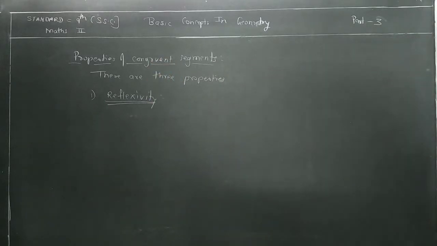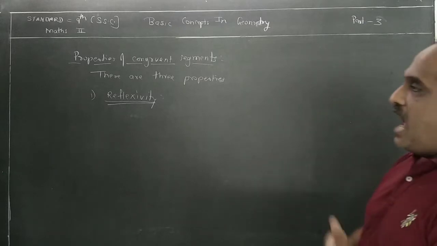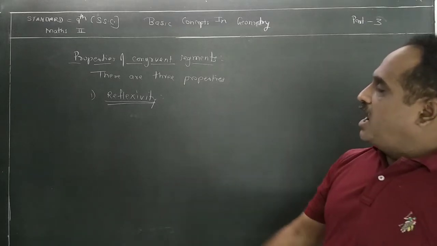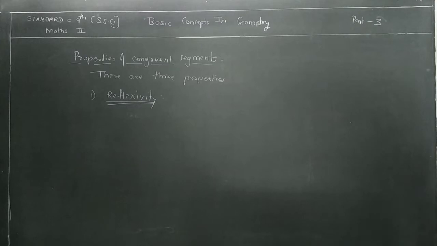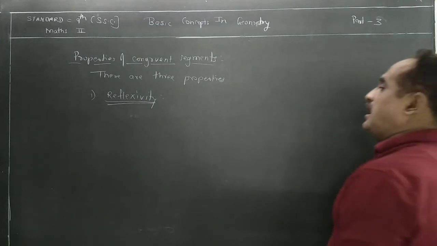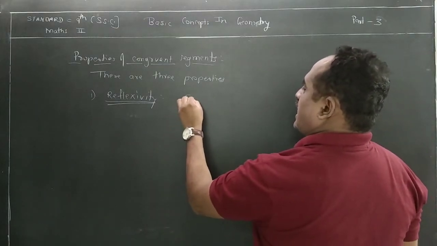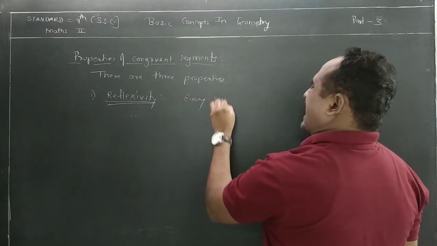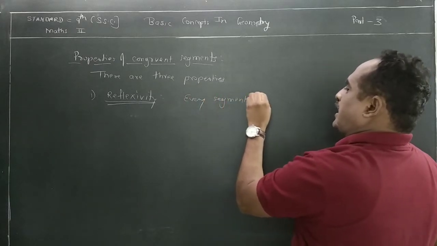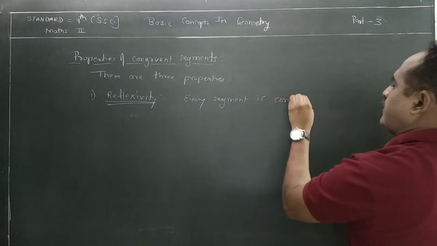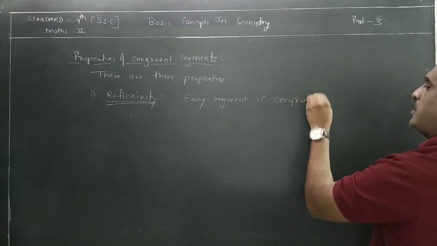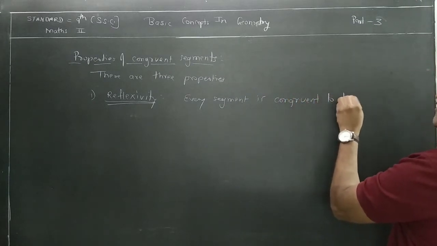Reflexivity means reflection. Reflection means if I am standing in front of the mirror, I am able to see myself in the mirror. So that is my reflection. Here, reflexivity is: every segment is congruent to itself.